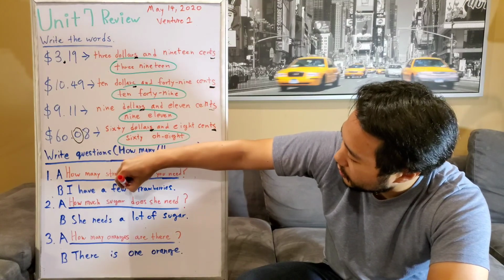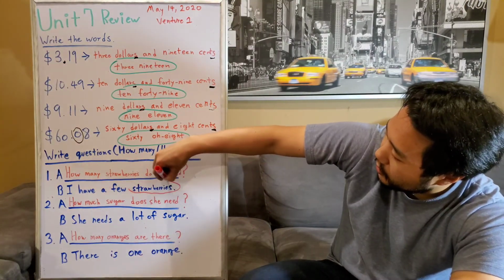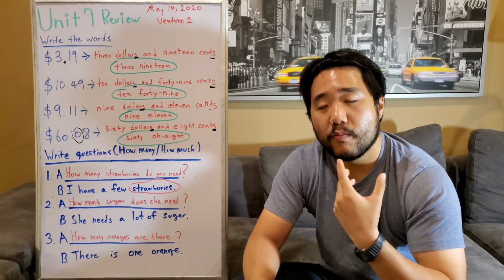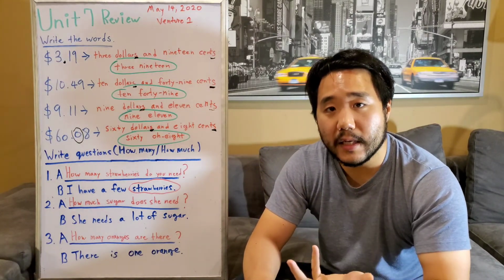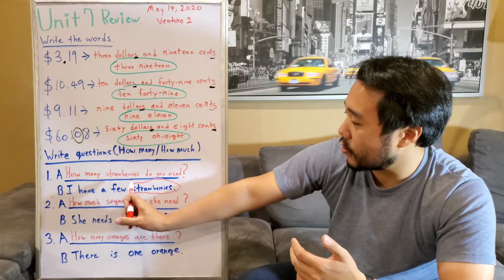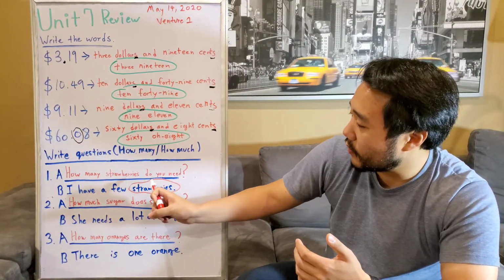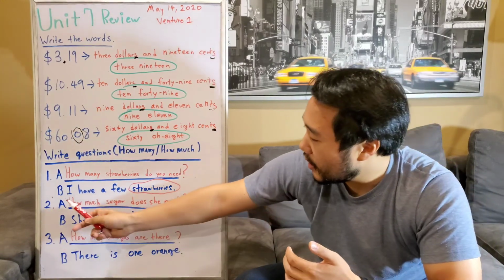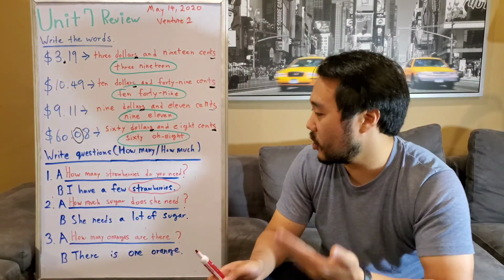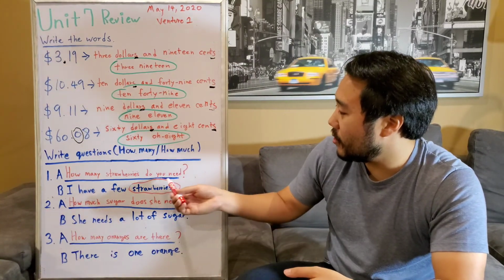So if it's countable, we have to use how many, right? How many strawberries do you need? We have to say do you need because the subject here is I. So when we're asking a question, it has to be you. And it's talking about needing.